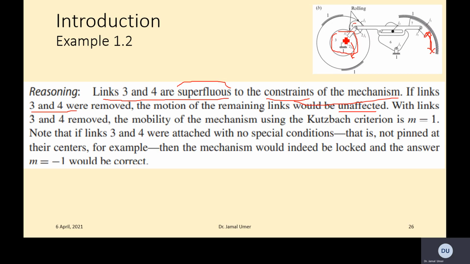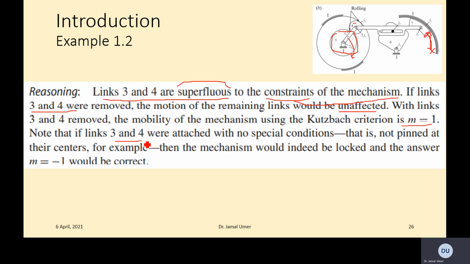So 3 and 4 are irrelevant. If you remove those two, the mobility of the mechanism using the Kutzbach criterion is M equal to 1, so then the answer is right. The Kutzbach criterion is not really giving a good answer because of 3 and 4, which are superfluous and irrelevant.